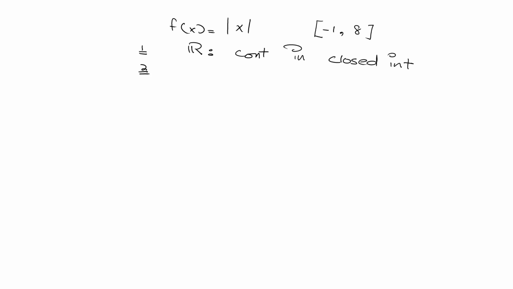Now, if you just draw the graph of the absolute value of x, you will get a graph like a V, which has a sharp turn. We have studied in the previous lessons that in case of any sharp turns, the function is not differentiable.